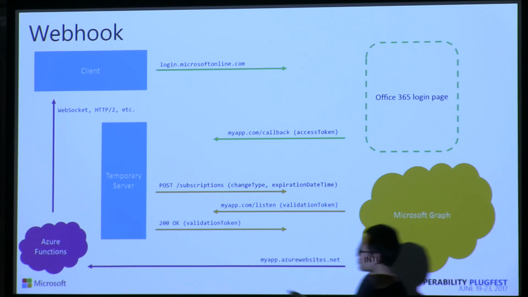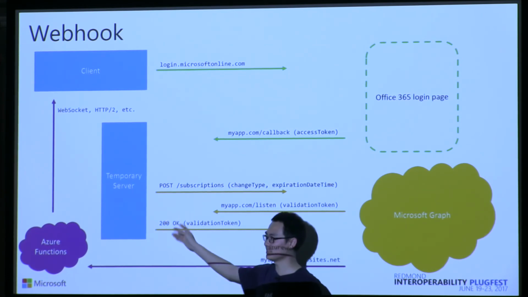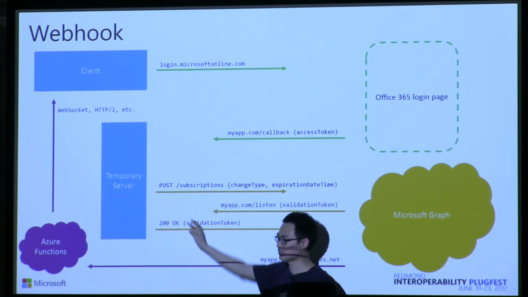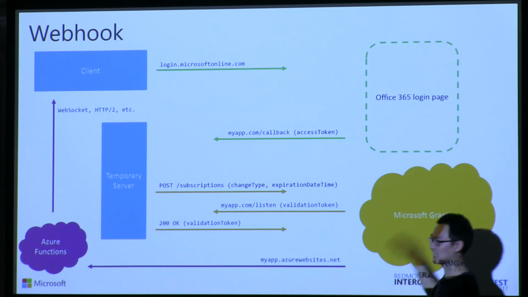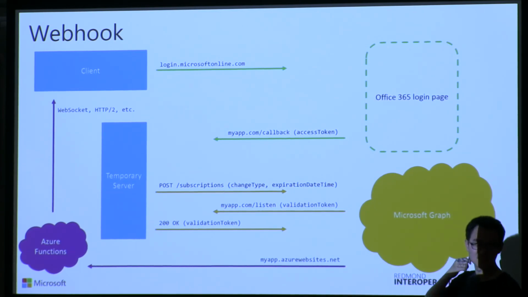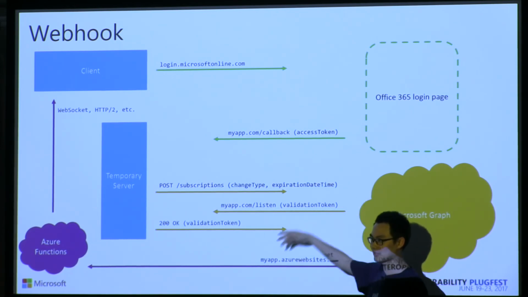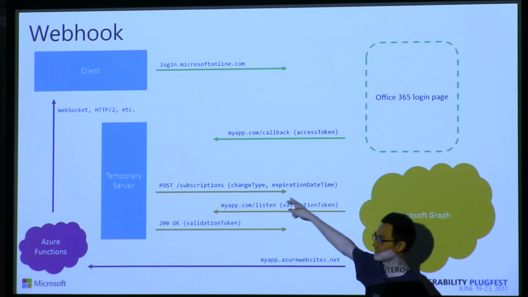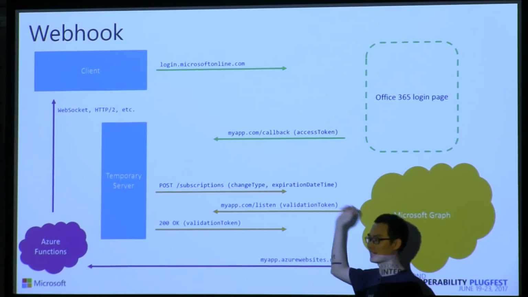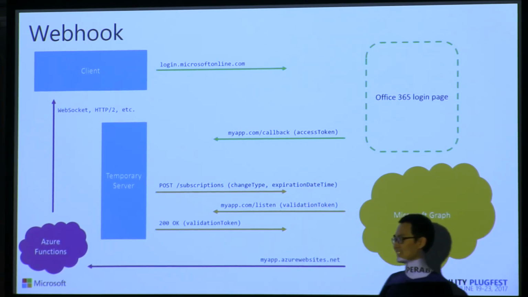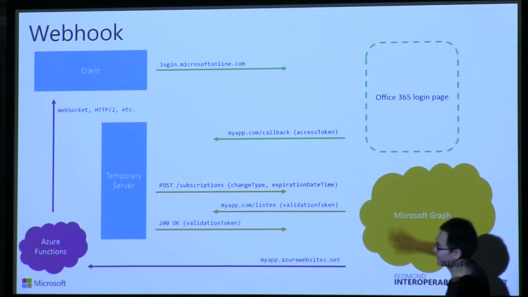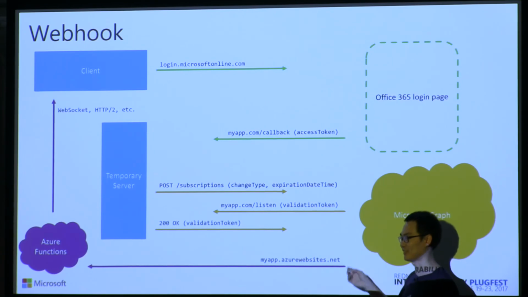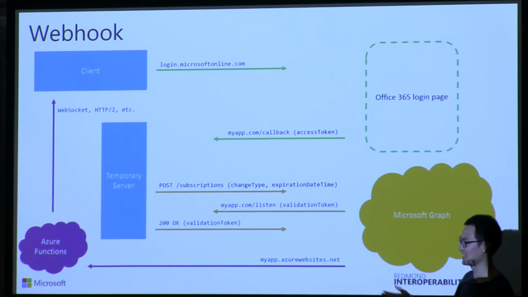So here we actually put a temporary server. Once you use this temporary server to create the subscription, you can shut it down, because remember we have an expiration date time. If you set it to 1 year later, after 1 year it will expire, which means it keeps running for 1 year to notify you when something changes, when you get an email, or when your file changes.